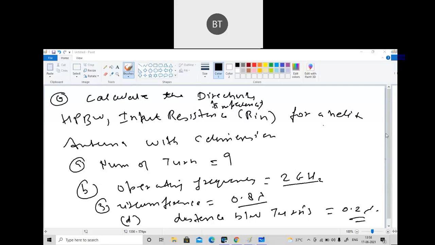What is the directivity which you are getting? What is the directivity, half power beam width, and input impedance?